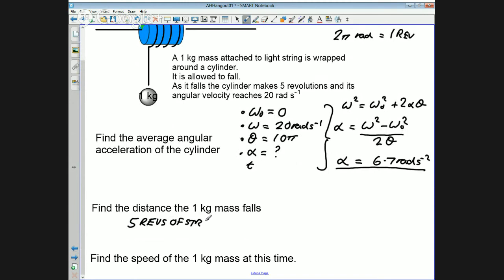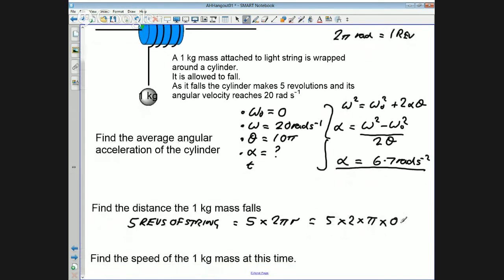And we know that for a revolution, that means 5 circumferences. So that equals 5 times the circumference 2 pi r, which in this case will be 5 times 2 times pi times the radius of the actual cylinder, which is 0.2 meters.